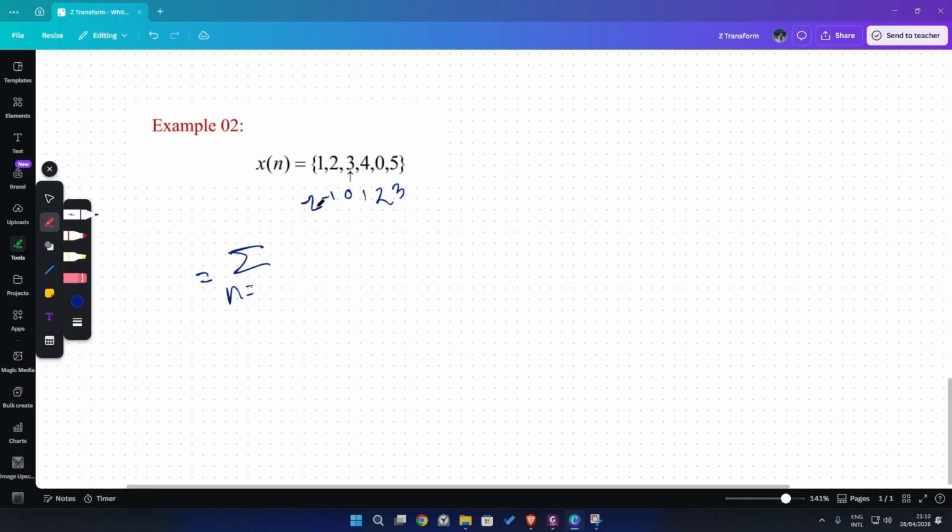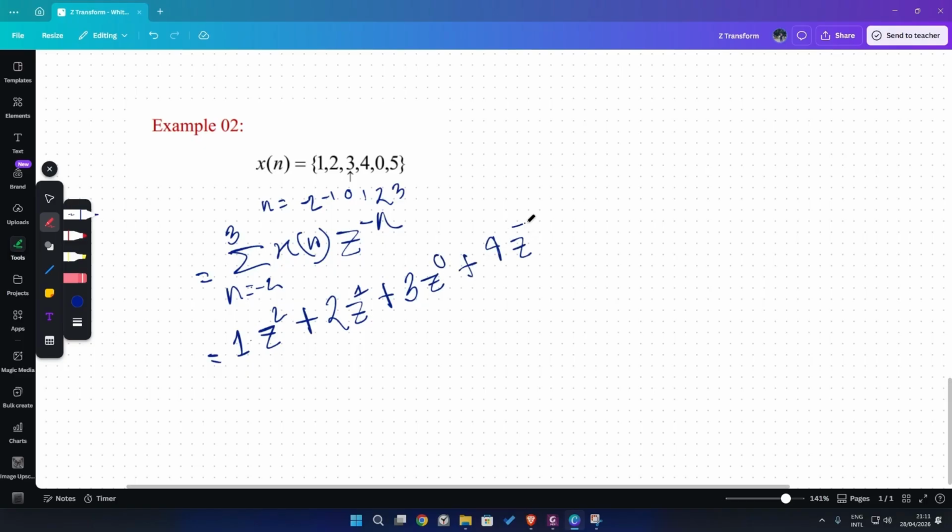We're writing the formula for our simplicity. Summation of n equal to, the lower part is minus 2 and the higher part is 3, of x of n z inverse n. So if we put the value of x of minus 2 first, we are getting the magnitude 1, z minus minus 2, so it will be z squared. Then the magnitude is 2, z minus minus 1, so it will be 2z. Then the magnitude is 3, z to 0, magnitude is 4, z minus 1.